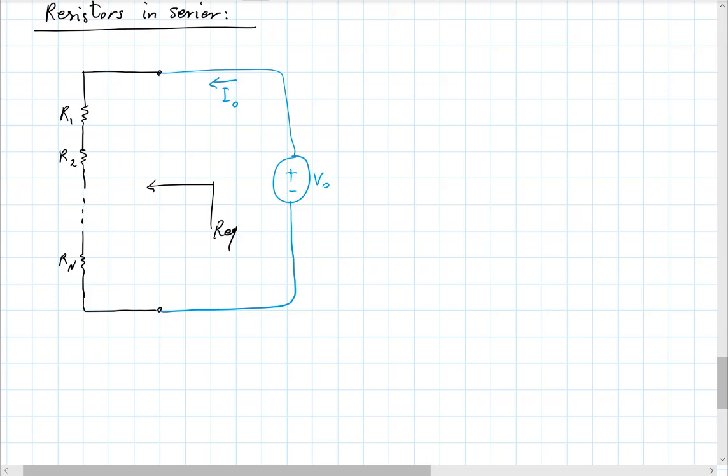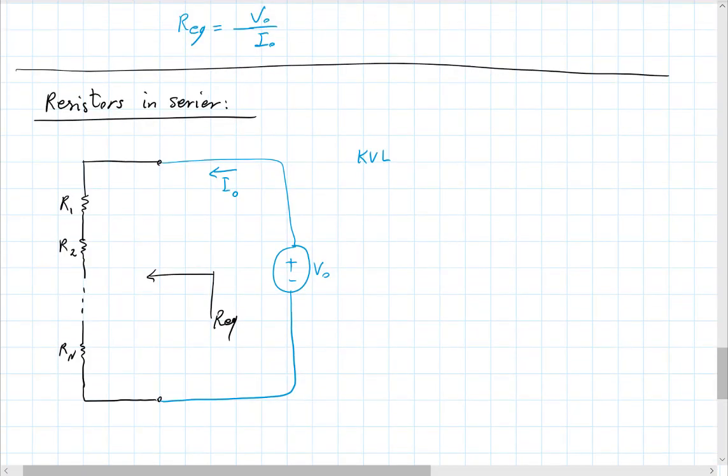Well, it's a one-loop circuit, right? One KVL. And I think we've done enough examples of this to see that if you have V naught, I naught will simply end up being, if you do your KVL, KCL, well, the KCL is really implied in the fact that all these resistors have the same current. So resistors in series, meaning there is nothing branching off between them, so they all have the same current.